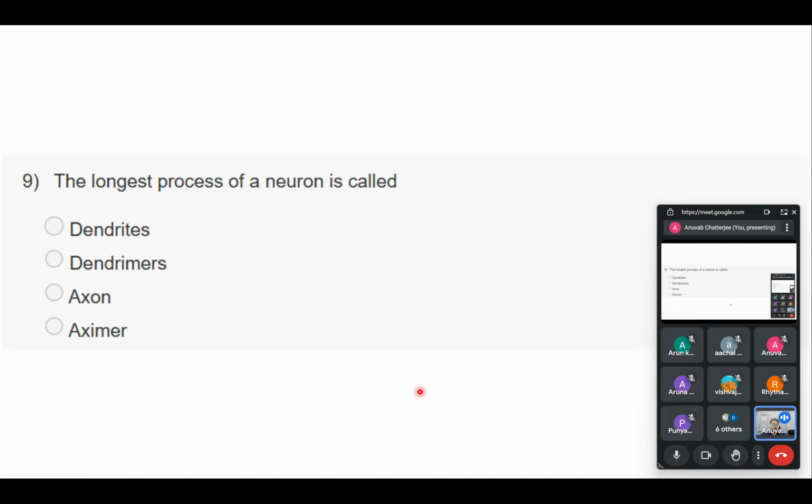The longest process of a neuron is called A, B, C, D. Four options are there. You can put whatever you think is the correct option.